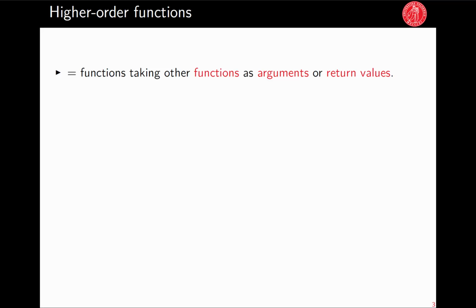Okay, so let's just get started with higher order functions first. As I said, a higher order function is a function that either takes another function as an argument, or has another function as its return value. So this is a central concept in the paradigm of functional programming.